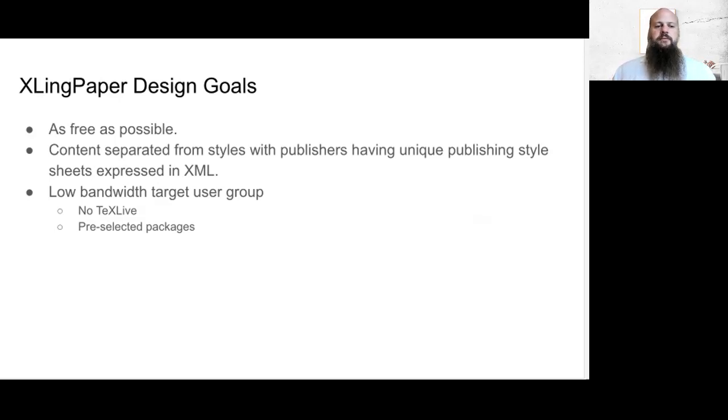Content separated from styles, with publishers having unique style sheets expressed in XML. When I talked a few screens ago about the different document types, publisher style sheet is one of those.